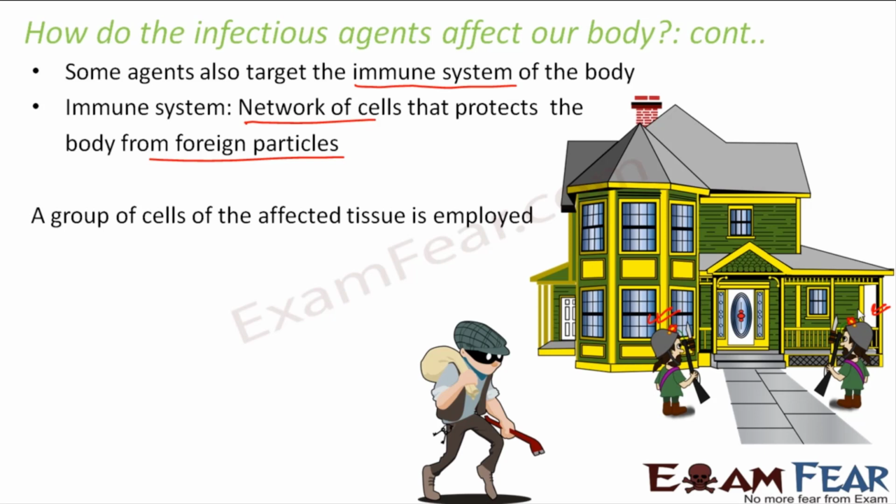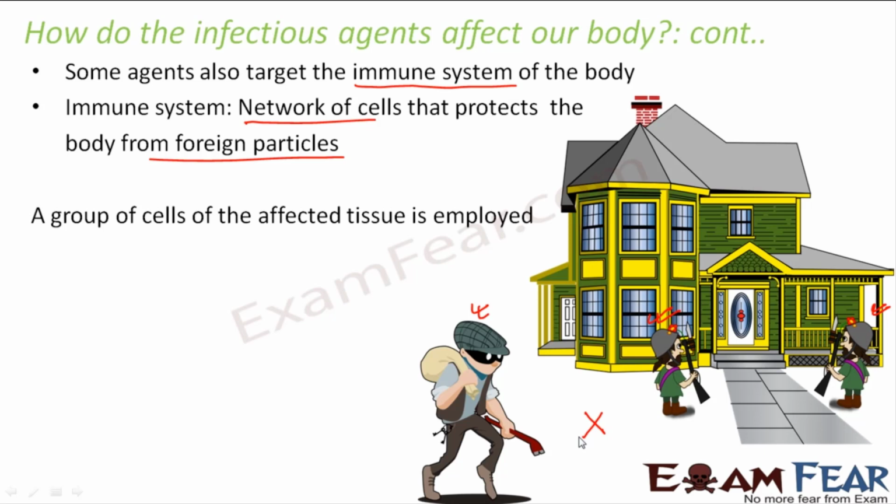Now what do you think will happen when a thief tries to come near your house? When the thief tries to enter your house, these security guards will fight with the thief, correct? Now if in this fight the security guards win, the thief will run away and go back. So your house is protected.